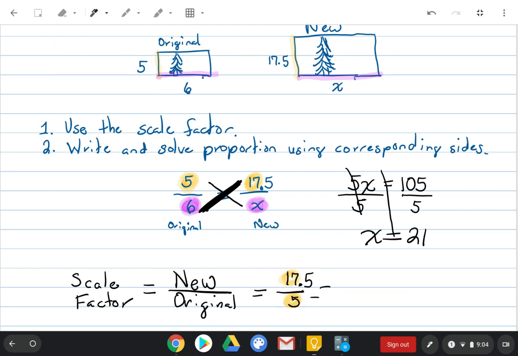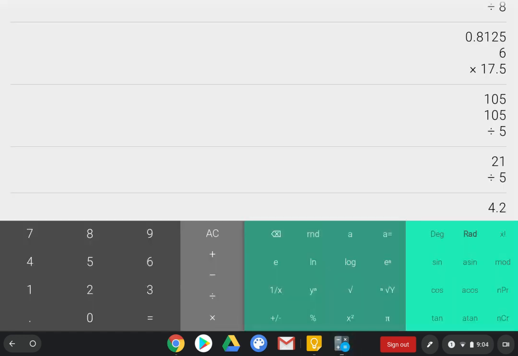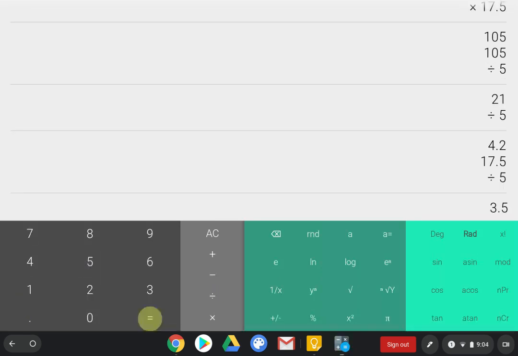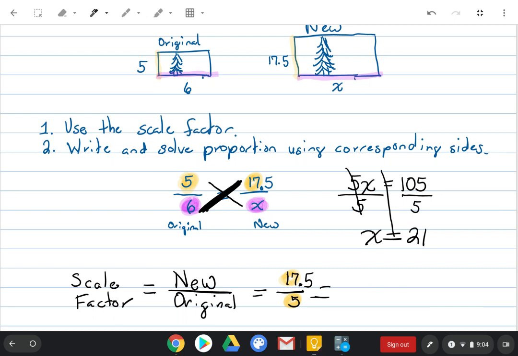17.5 divided by 5 equals 3.5. So our scale factor is 3.5. Now, what is this scale factor telling me?